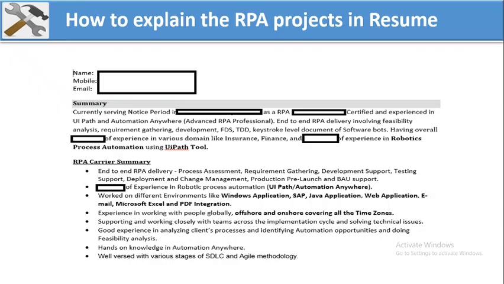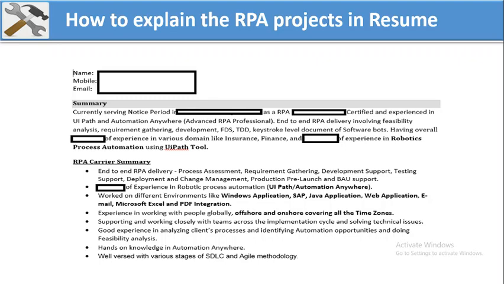So how to explain the RPA projects in a resume? Before I explain the real-time RPA projects, I'd like to mention a small thing here. In my previous organization and also in the current organization, sometimes I get a chance to be a part of the interviewer panel, and I have taken more than 20 to 30 interviews in the past 1.5 to 2 years.